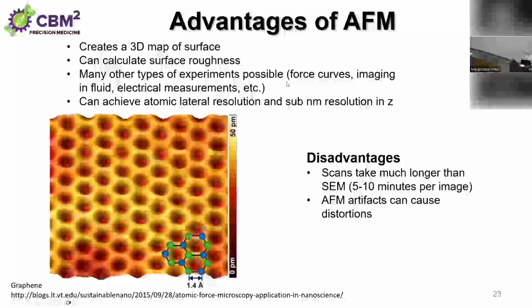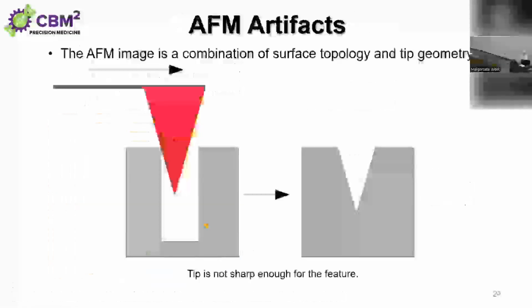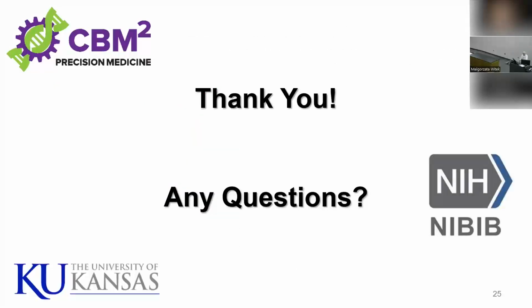There are all sorts of forces that you can measure that we could really talk about quite extensively. But again, there are tip artifacts you just have to be aware of. If you're looking at really, really deep structures that are narrow, you will have tip artifacts, even for something very small, like less than 10 nanometers in size. So you just need to be aware of that.